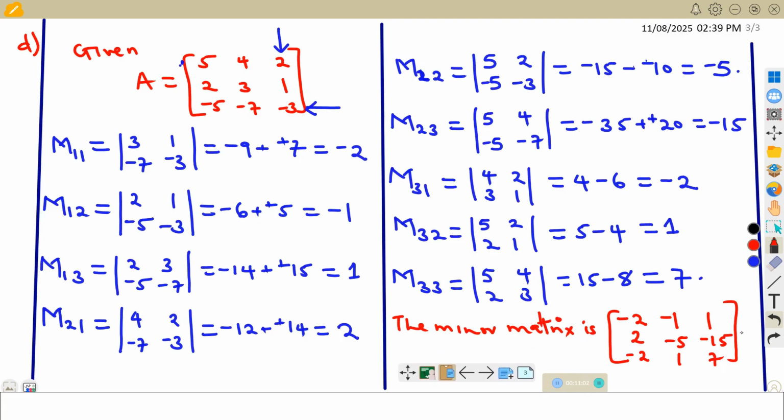So after getting the minor matrix, we now look at the cofactor matrix.